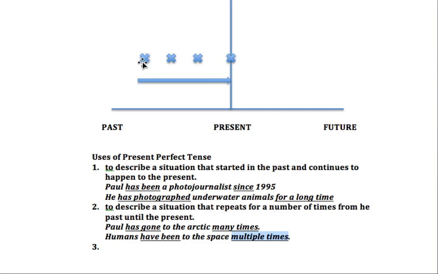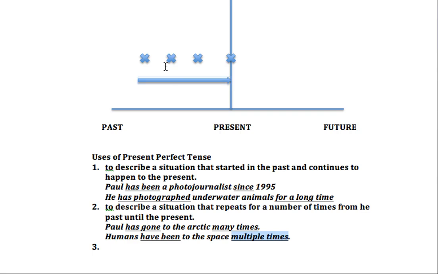The first time human beings went to the space was maybe 50, 60 years ago when Neil Armstrong or Yuri Gagarin went to the space or to the moon. And after that, there were many times where human beings have explored the space or went to the moon. And then until today, people are still sending rockets to the space, or people go to the space station. So it started in the past, it happened many times in the past, and it still happens today in the present, and might happen in the future.